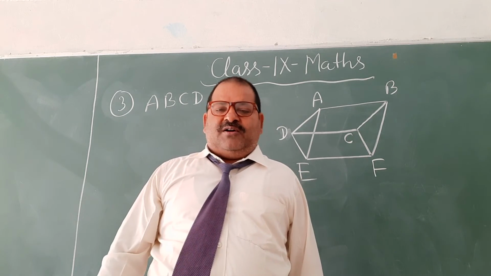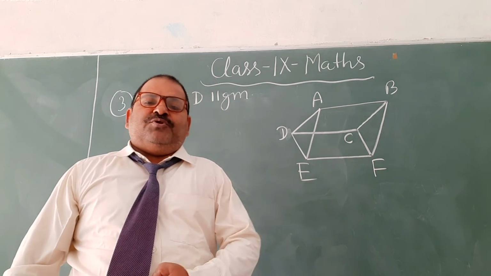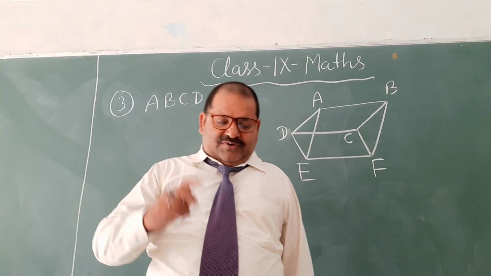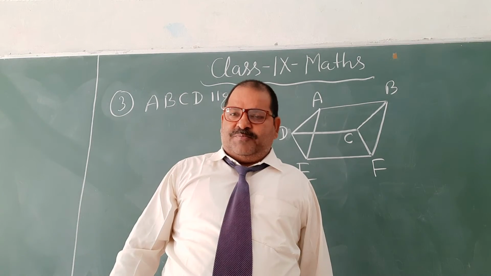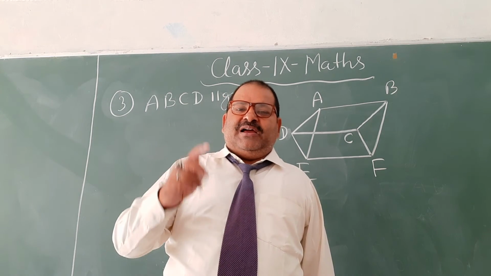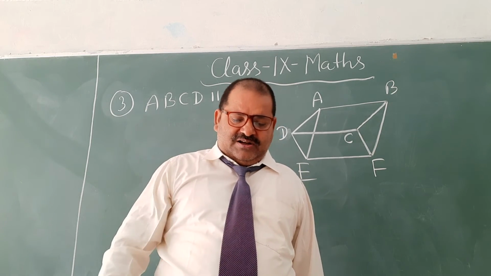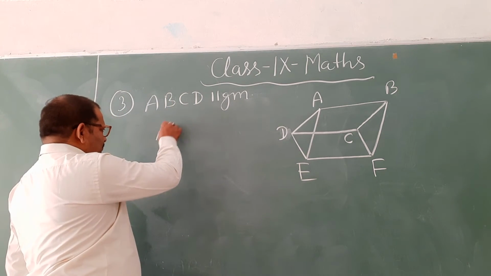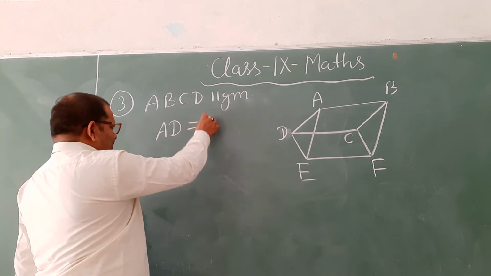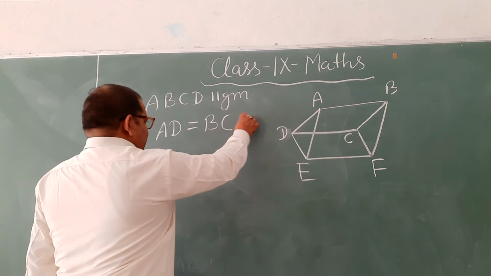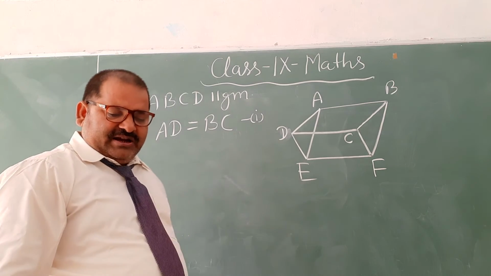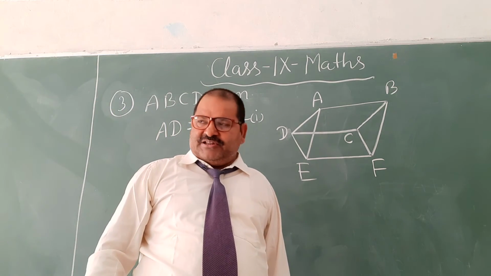In a parallelogram, the opposite sides are parallel and equal. So therefore AD equal to BC. Condition number 1, AD equal to BC.